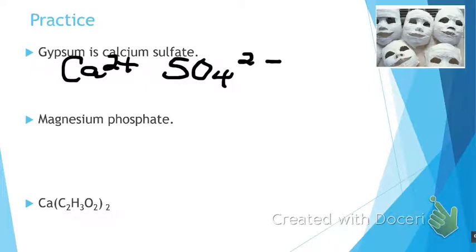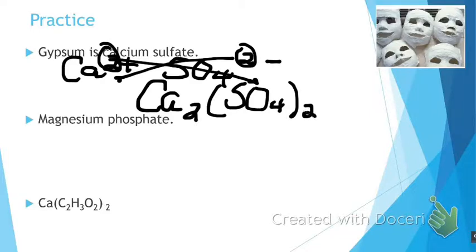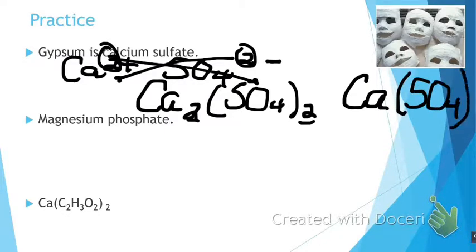I'm going to do my crisscross here. So this 2 goes over here, this 2 goes over here. So I come up with Ca2(SO4)2. I'm not in my lowest ratios because both of these are divisible by 2. So to properly write this one, it's going to be CaSO4, calcium sulfate.